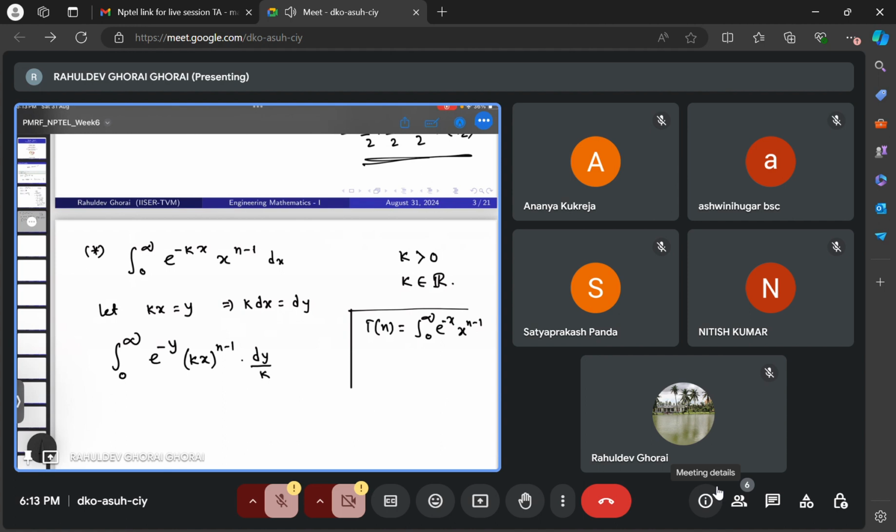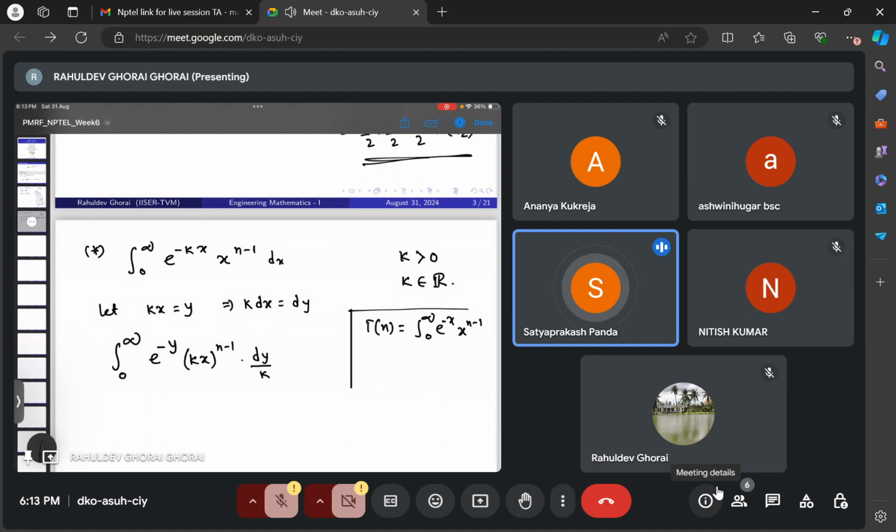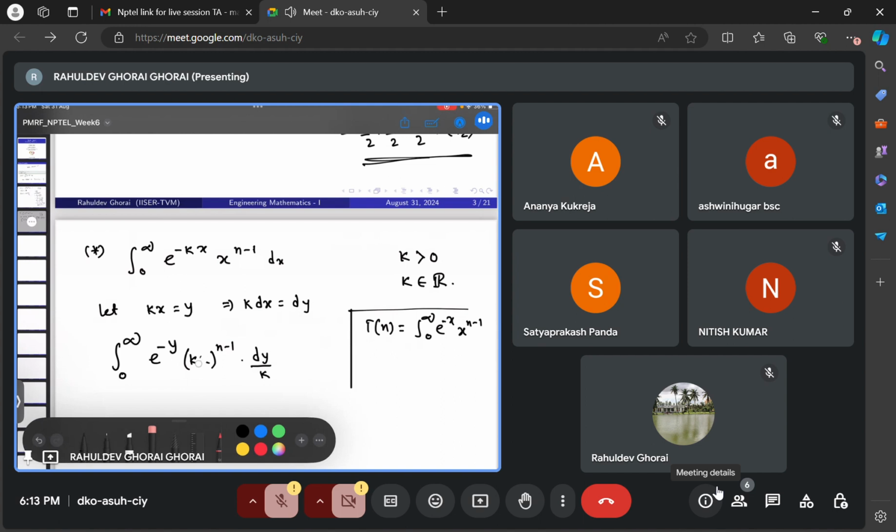Just one minute. It was x to the power n minus 1, no? Yes, that's what I was checking, whether it is correct. Yeah, x equals y over k, so that will be y over k to the power n minus 1. Yeah, true.